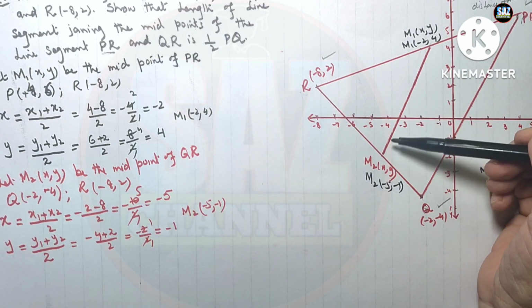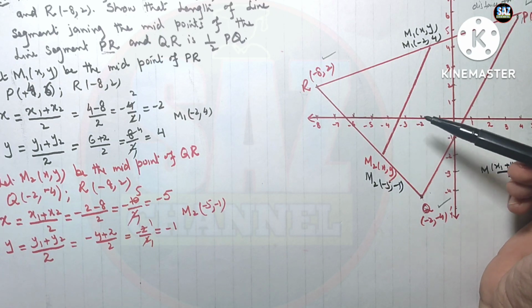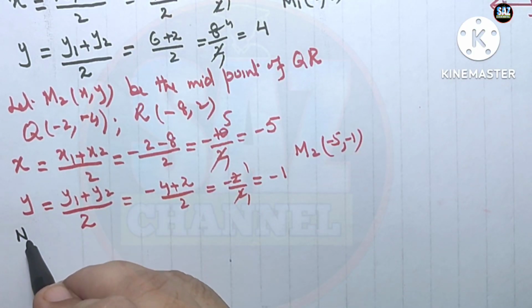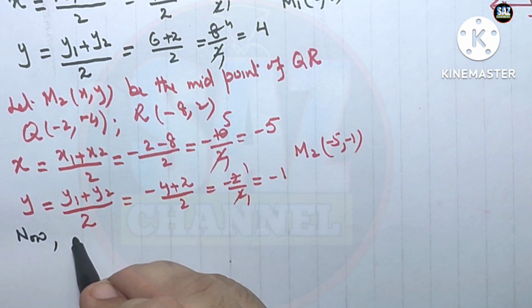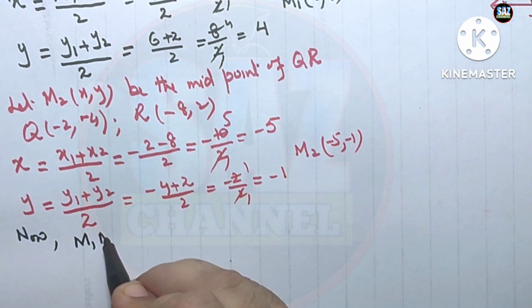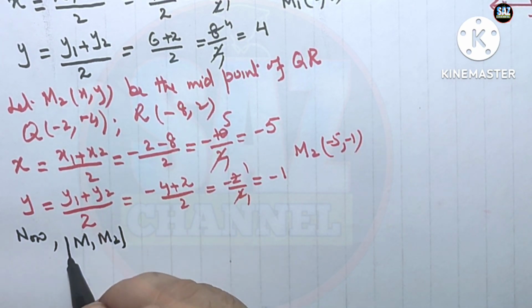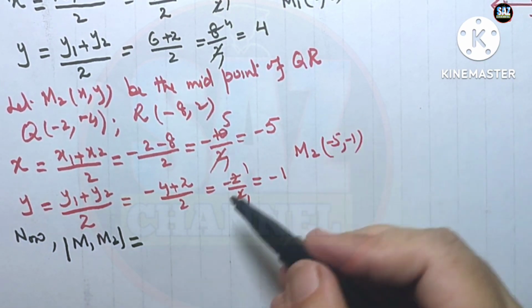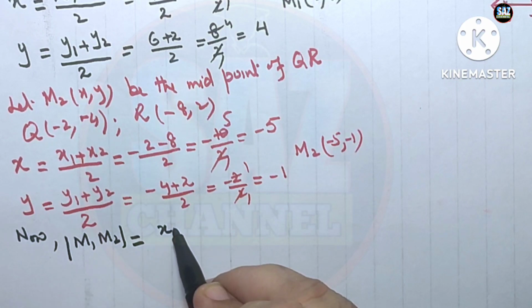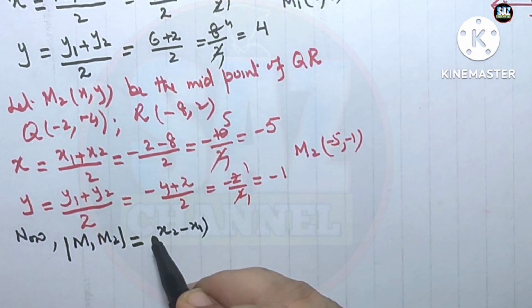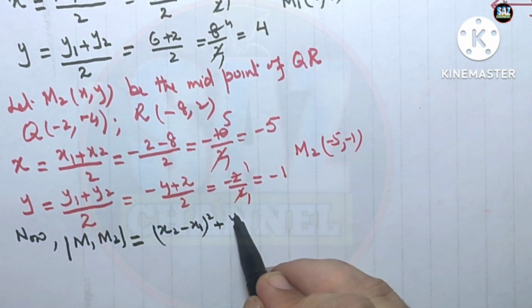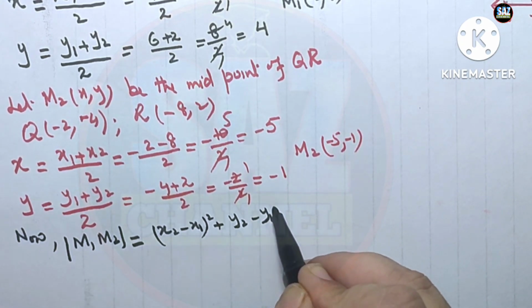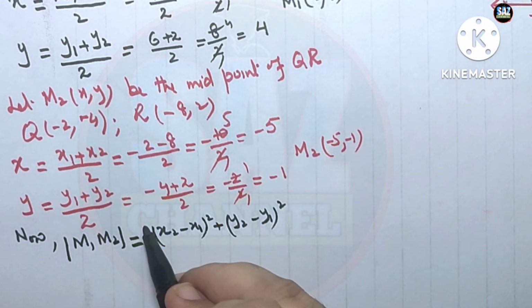Now I have to find the length or distance of M1 M2. The distance will be equal to the square root of (x2 minus x1) whole square plus (y2 minus y1) whole square.